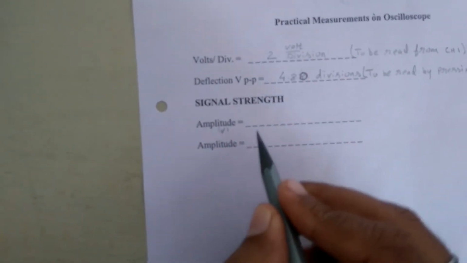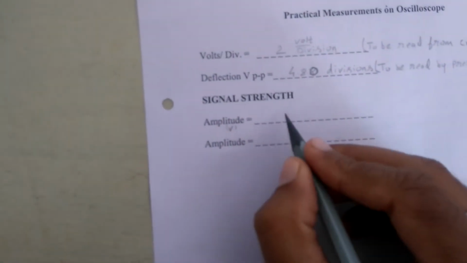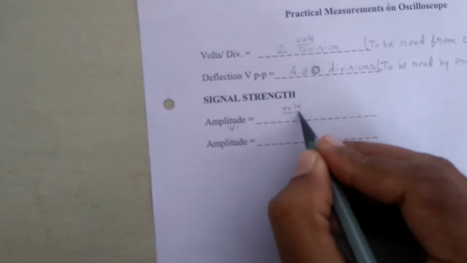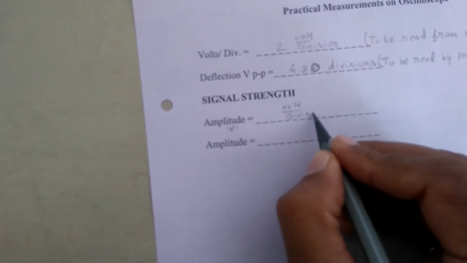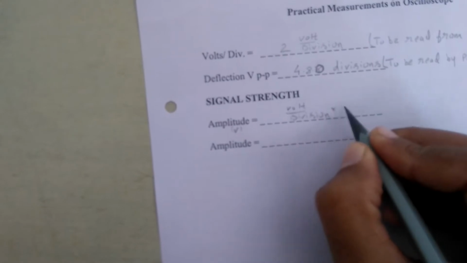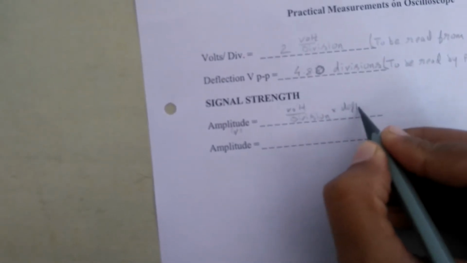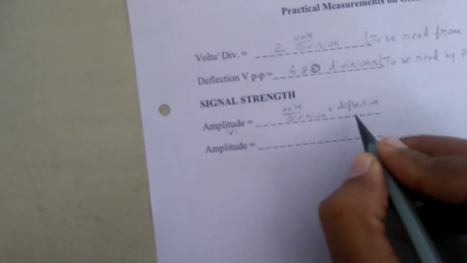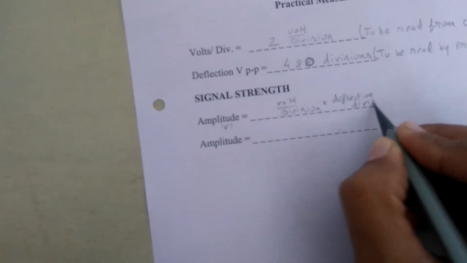Now finding out the amplitude. Amplitude is simply volt per division into deflection, that is in division form.